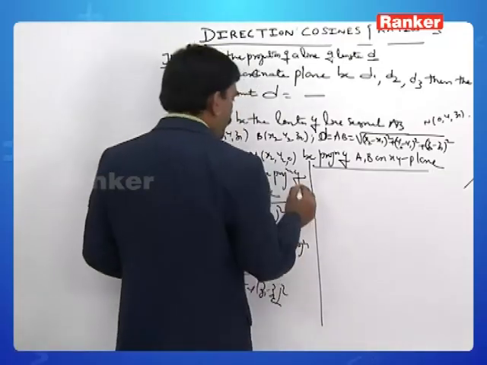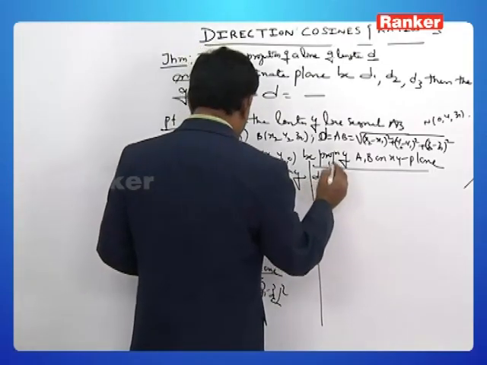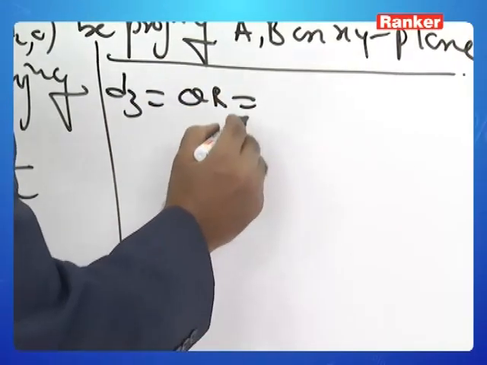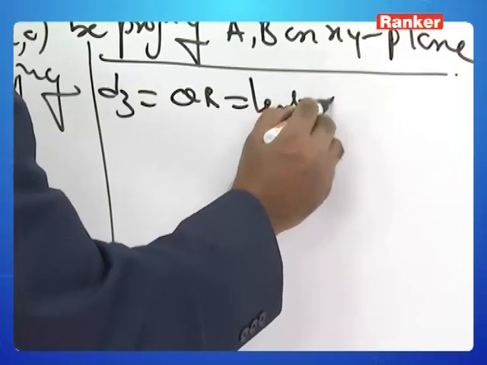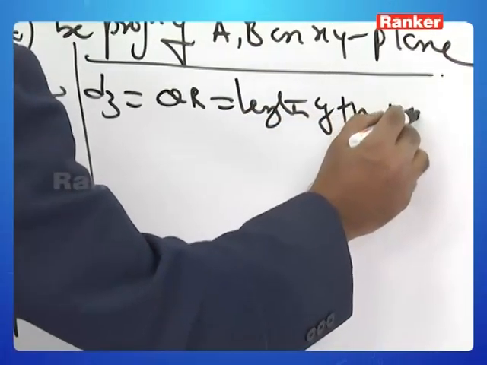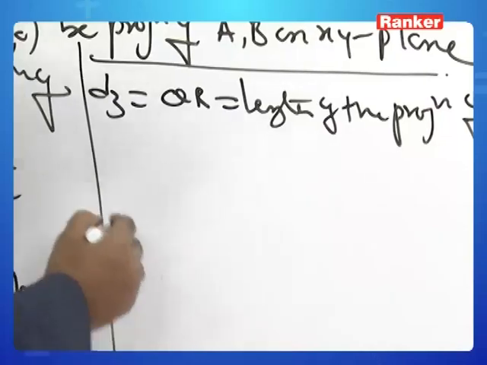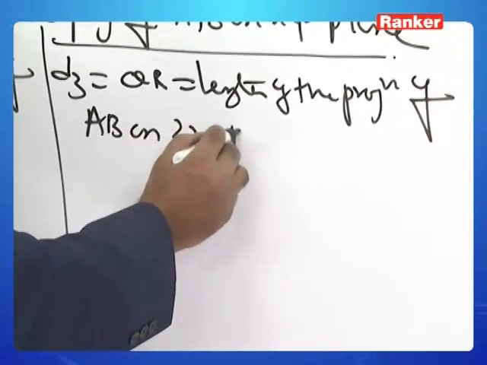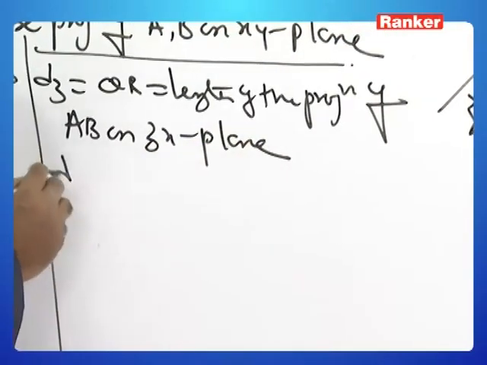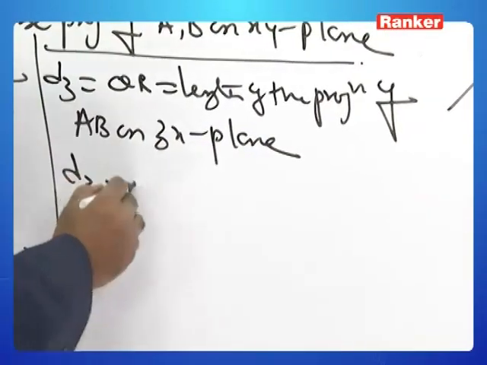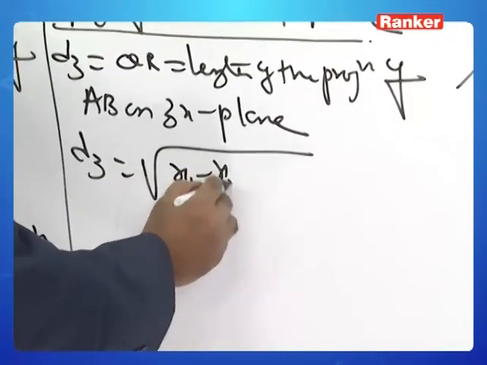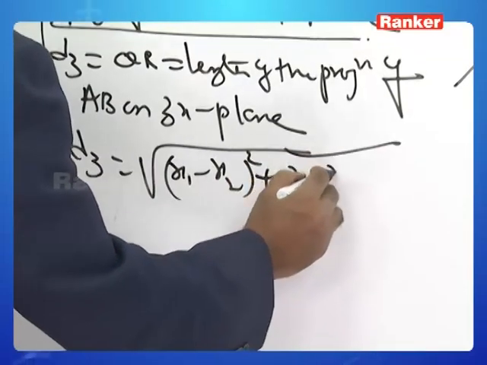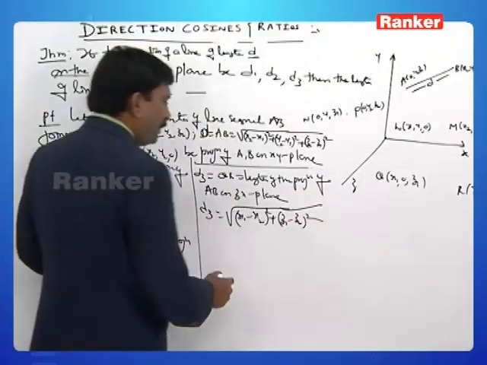Next, d3 is equal to QR, the length of the projection of AB on the ZX plane. Therefore, d3 is the square root of x1 minus x2 whole square, or x2 minus x1 whole square, as you please, plus z1 minus z2 whole square.